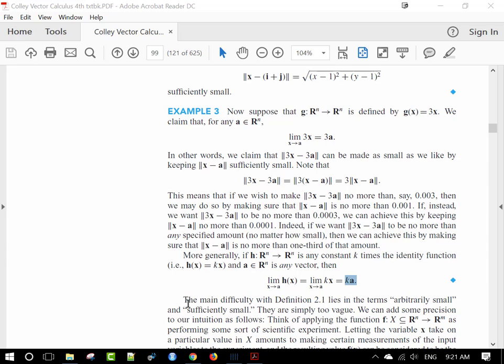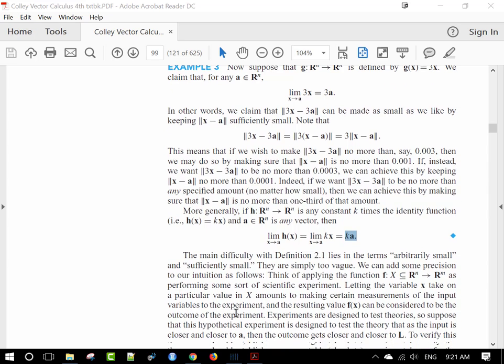Now, she says the main difficulty with this definition that we're using is in the terms arbitrarily small and sufficiently small. They are simply too vague. We can add some precision to our intuition as follows. Think of applying this function as performing some kind of scientific experiment.